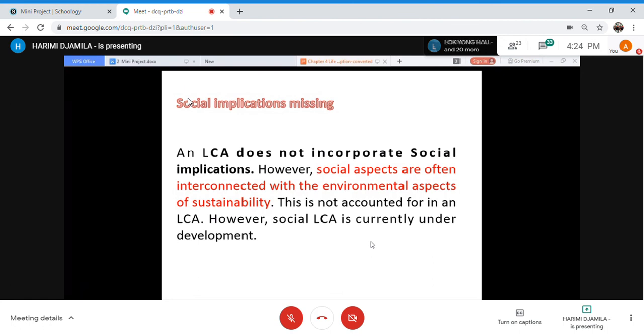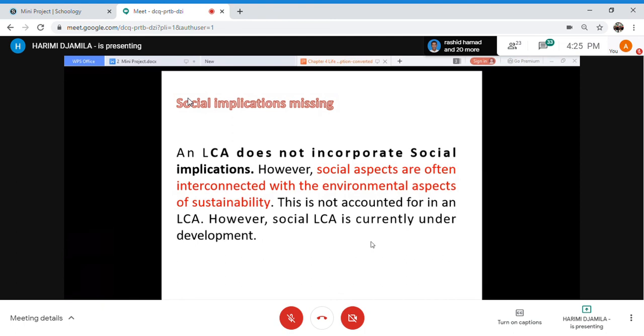Sometimes the social aspect is the least studied so far, so there is not information in abundance as opposed to the two other elements. However, social aspects are often interconnected with the environmental aspect of sustainability. Sometimes indirectly they are under environment. For example, health will probably be directly under environment, while some they will take indirectly. It's not accounted for in life cycle assessment.